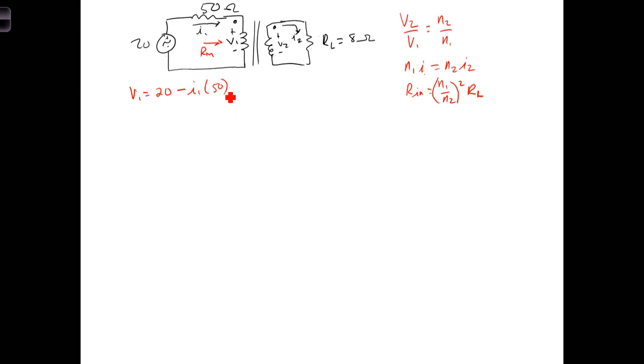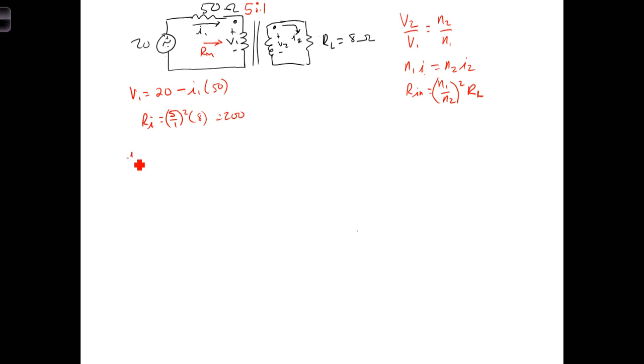So Rn, using that formula, is equal to N1 over N2 squared times R sub L. Well, we need to know the turns ratio here. We've got 5 turns on the primary for every 1 turn on the secondary. So it'll be 5 over 1 squared times 8. 5 squared is 25, times 8, that's 200 ohms.